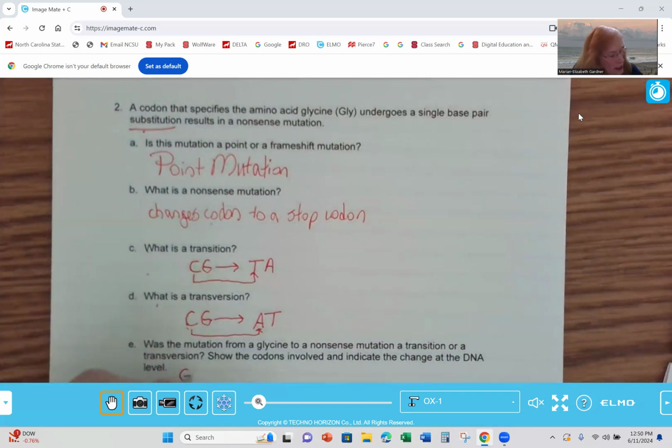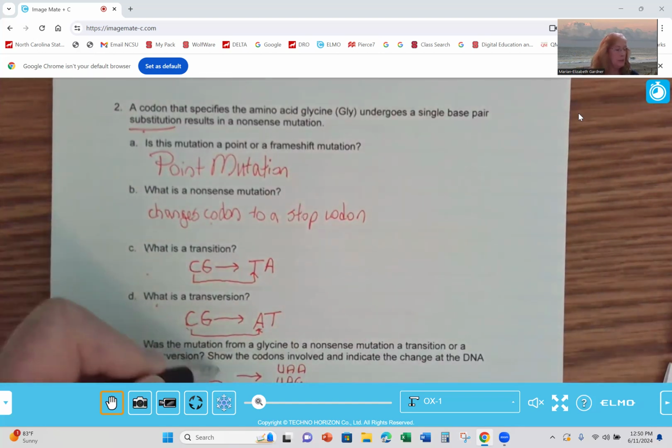We needed GG anything on the DNA to change to, well, we'll look at it in codon lingo. So I'm going to write a U here, even though the change would be at the DNA level. But our stop codons are UAA, UAG, and UGA.